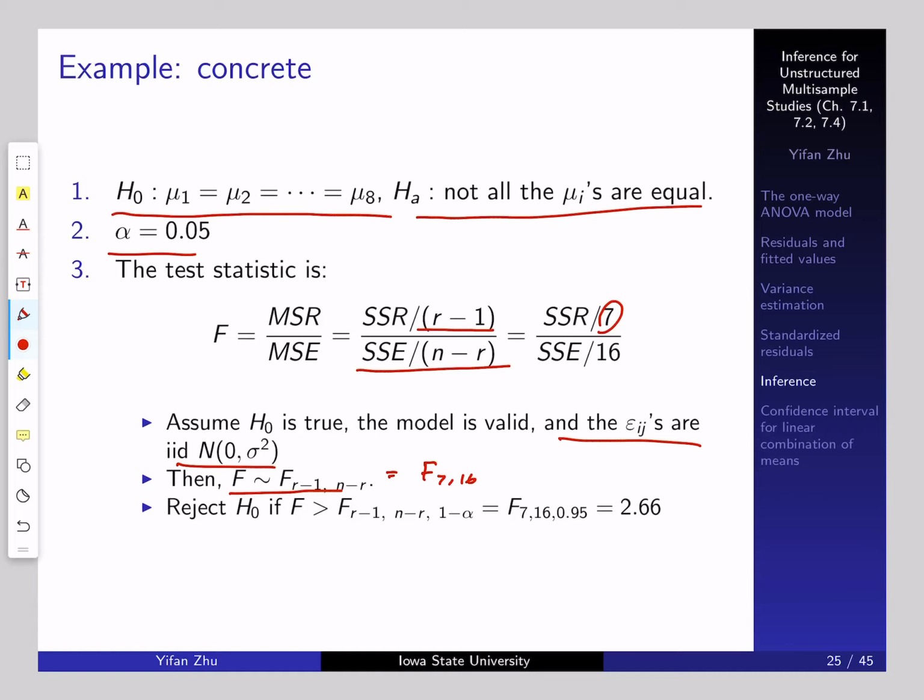We will reject H0 if F is larger than F7,16, the 0.95 quantile of this distribution. The number is 2.66. This is from table B6 in the textbook.